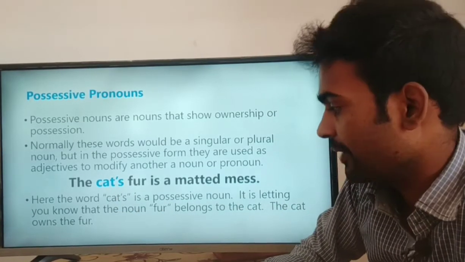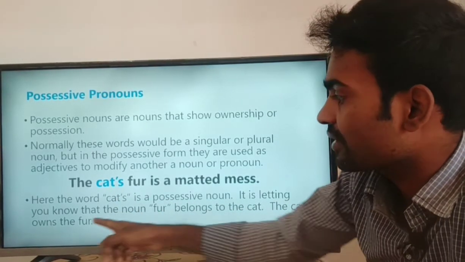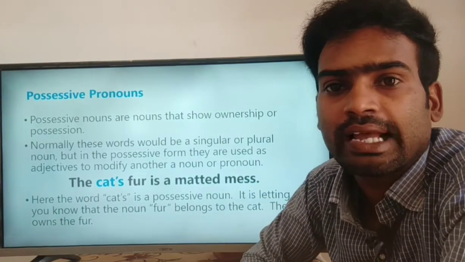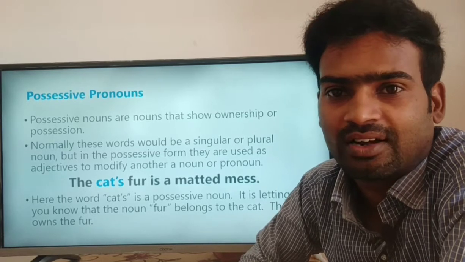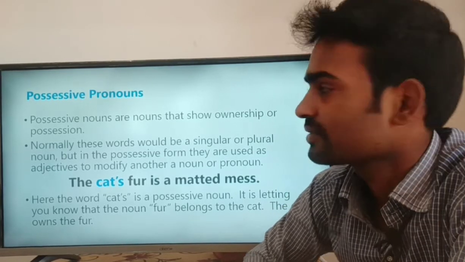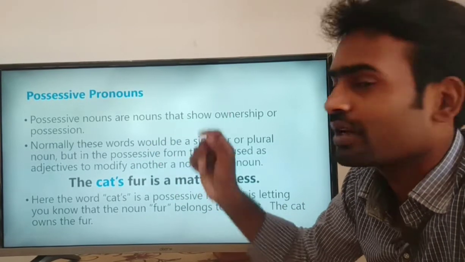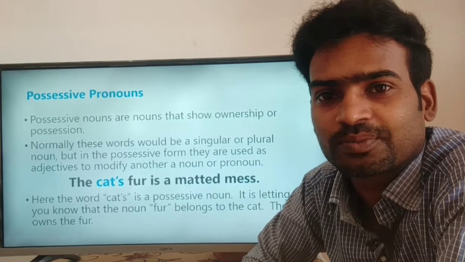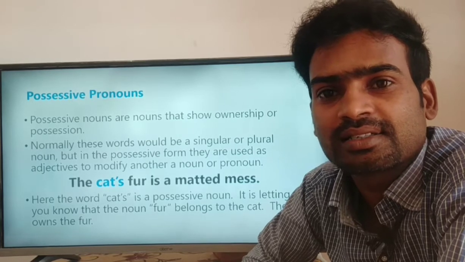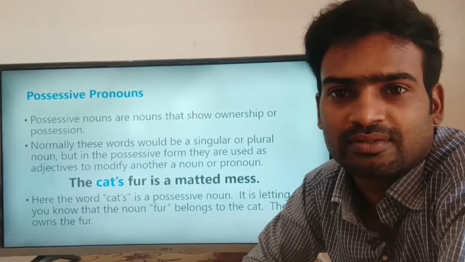The cat owns the fur, which means the cat is the owner of the fur. Owner, as we have seen here, shows the ownership, so it is called a possessive noun.